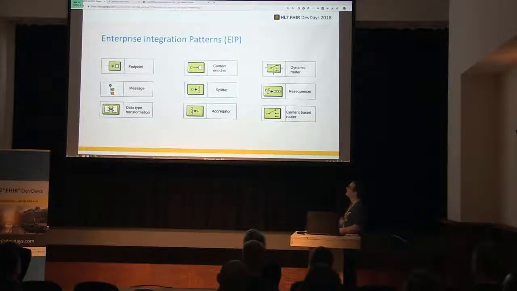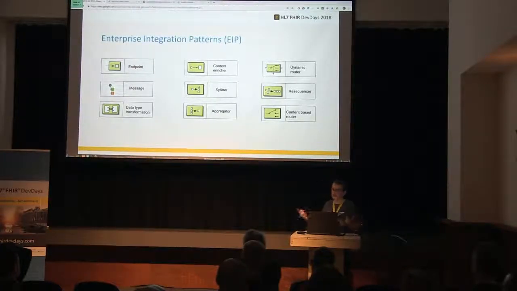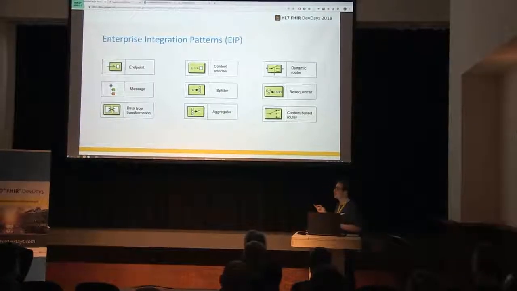So here are some of the integration patterns, EIPs. They're very important in Apache Camel, so we'll go through some of them. You have your endpoint, which is just your end system. So how do you send and receive messages from a FHIR server or Salesforce or your V2 server? Then you have your message, which is your payload. Is it a DSTU 1, 2 or 3 structure?